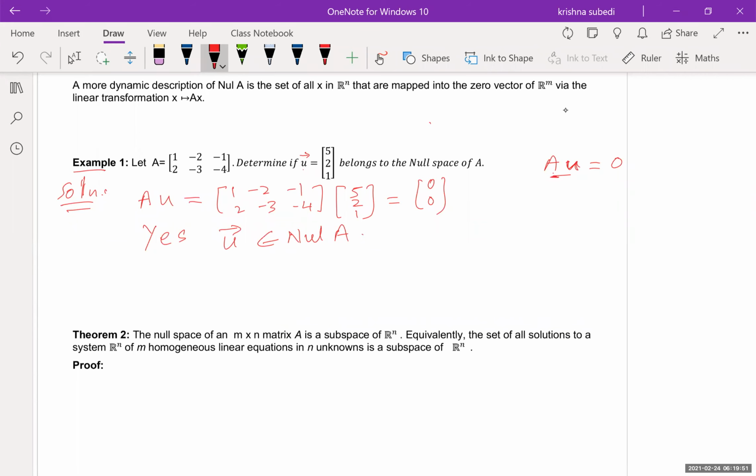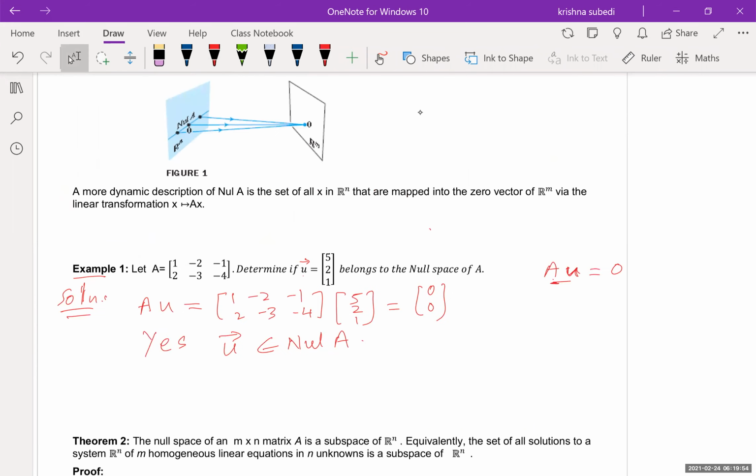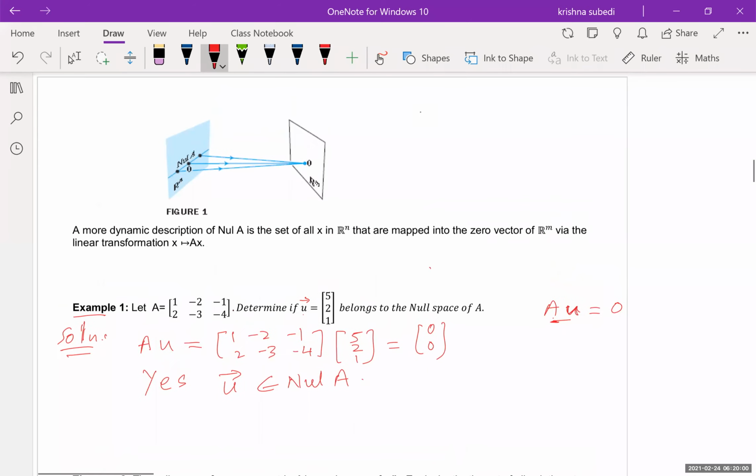So what it means is, if you think of this matrix A as a function, then recall from your high school, you have a domain and a range, and there is a function, let's say x squared, for example. If you have x equals 1, you will get 1 squared, which is 1. And if you have x equals 2, then this will be 4, and so on, right? So that's what the function does.